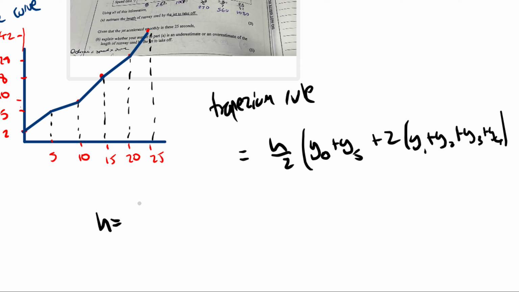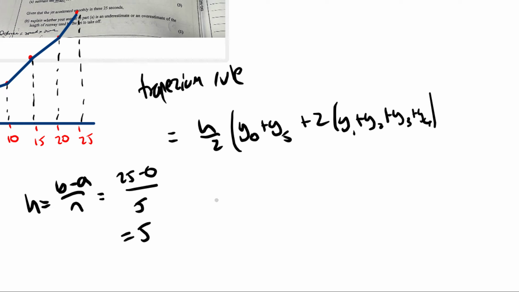To find h, it's b minus a over n, which in this case is 25 minus 0 divided by the number of strips, which is 5. So we've got 5 strips, so h is 5.